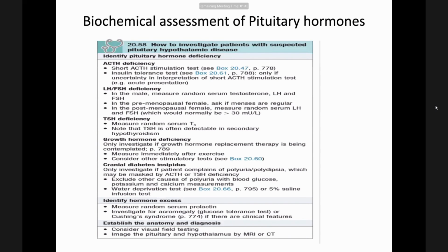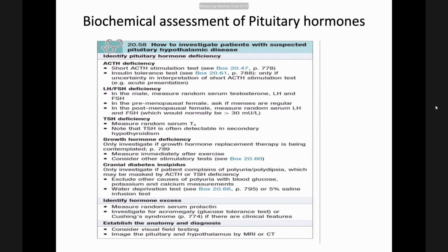Similarly, for LH-FSH deficiency, how to evaluate? If it is in males, then we can just go for random serum testosterone, LH and FSH. And in premenopausal women, ask if menses are irregular. If menstruation is regular, then we do not have to measure LH and FSH because it indicates that LH and FSH are normal if menstruation is normal in females.